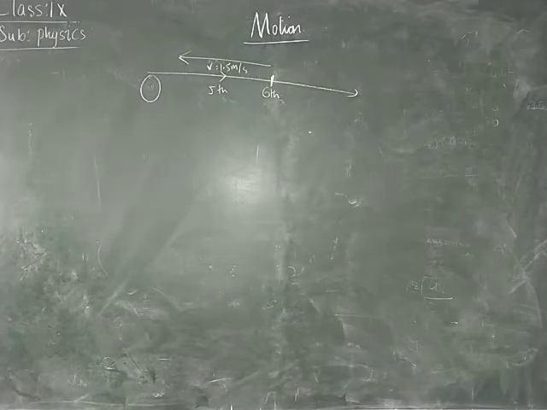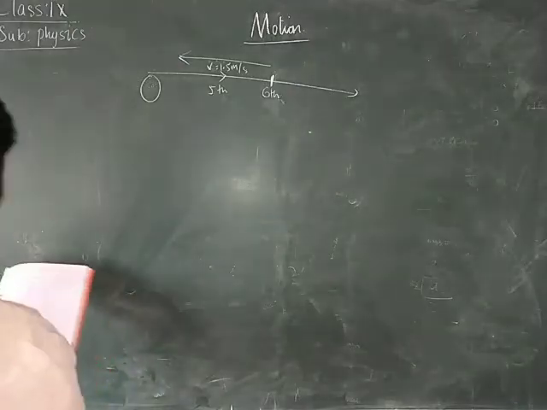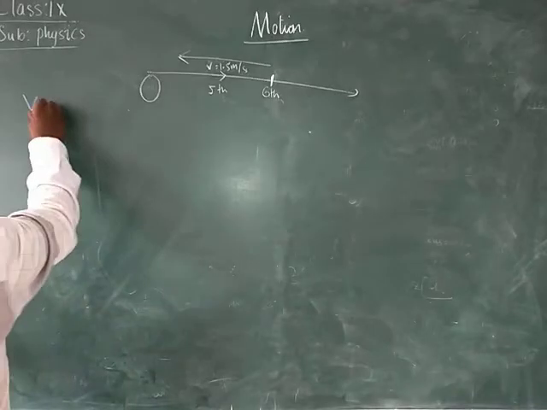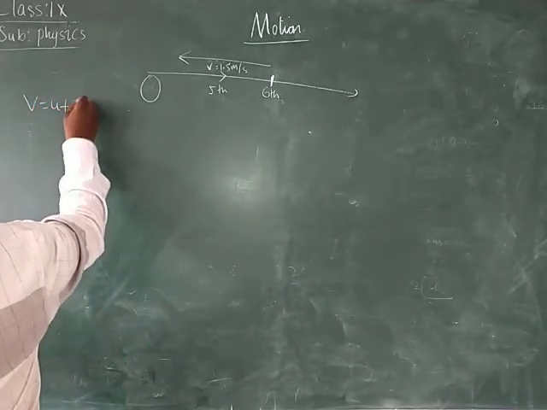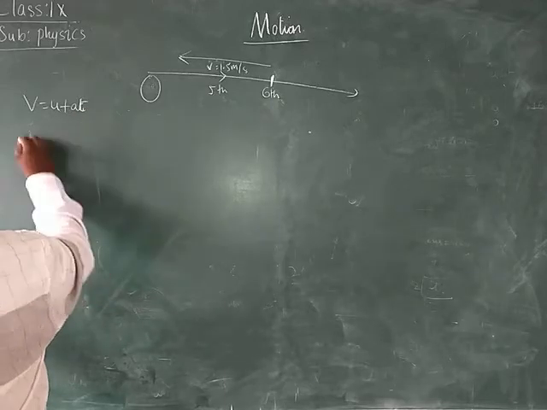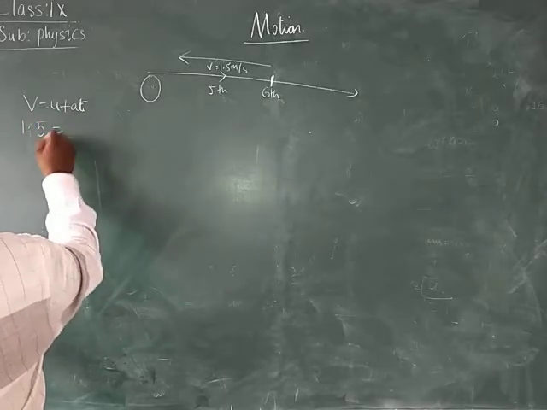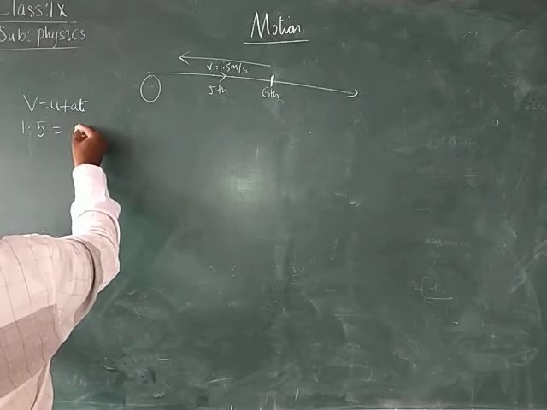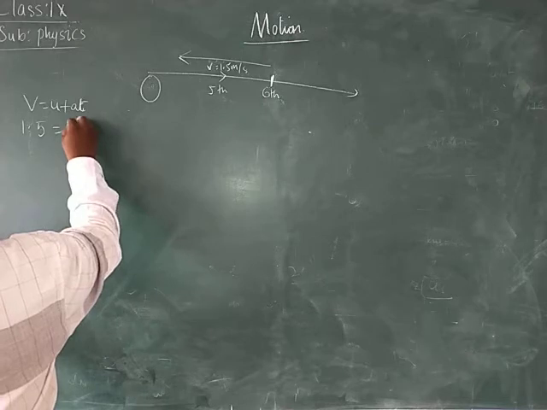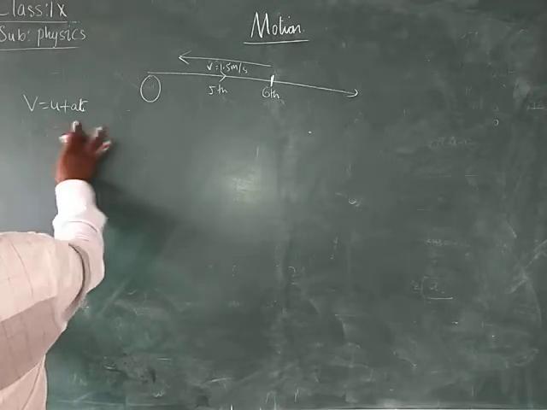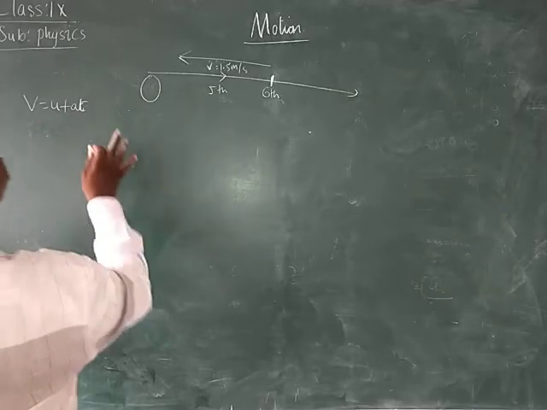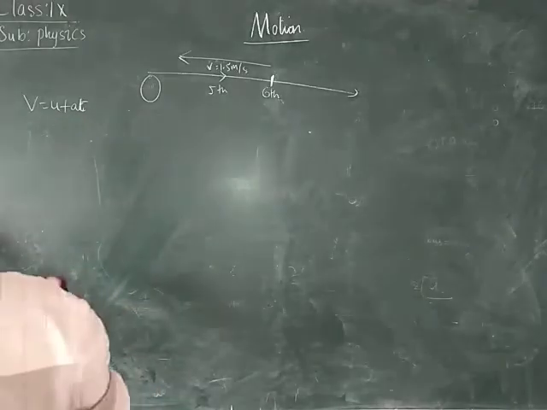Now look here. We have the equation V is equal to U plus AT. Here V is 1.5 meter per second, and U we don't know.